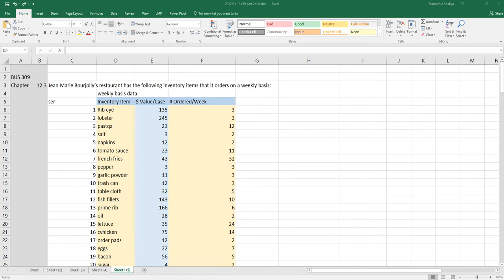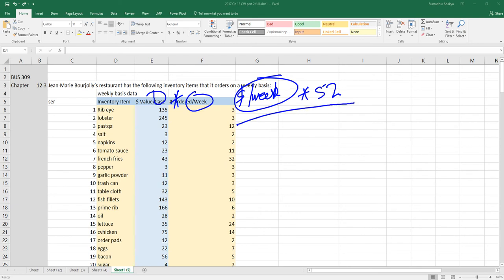Given the dollar value per case and the number of orders per week, if you multiply these, you will get the dollar value for all the orders for that item per week. Also, if you multiply this value by 52, because there are 52 weeks in a year, you will get the annual dollar value for an item.